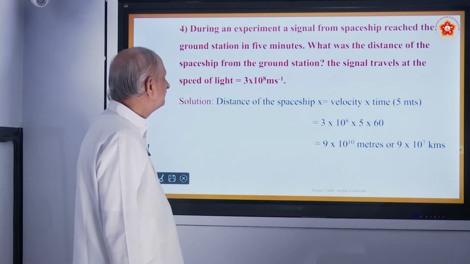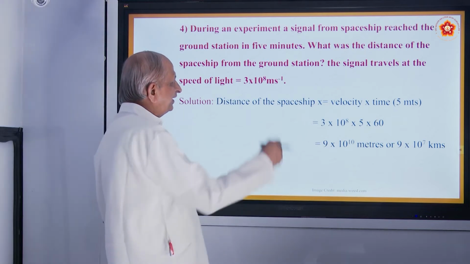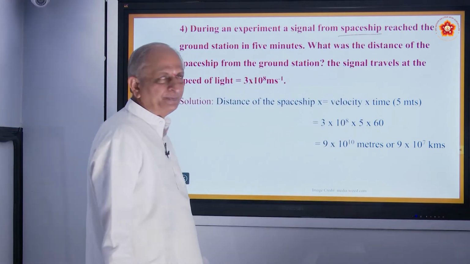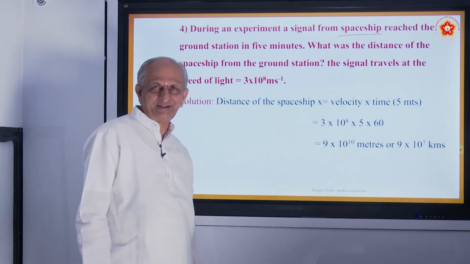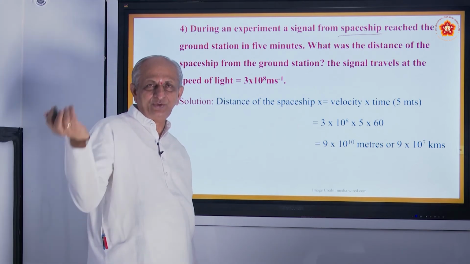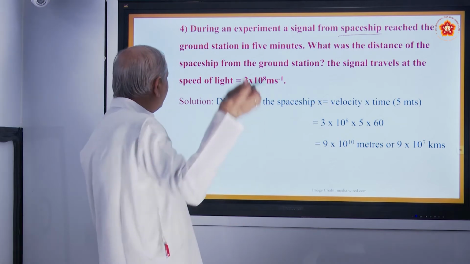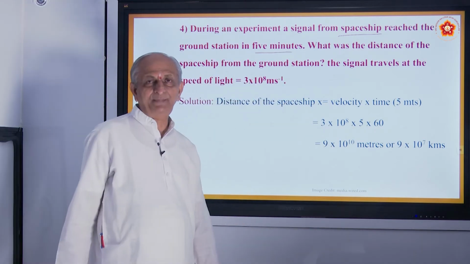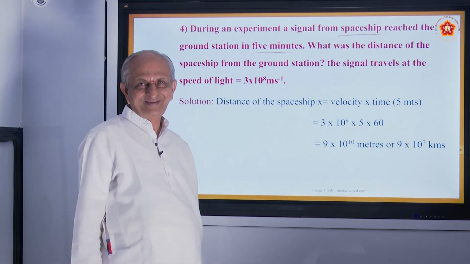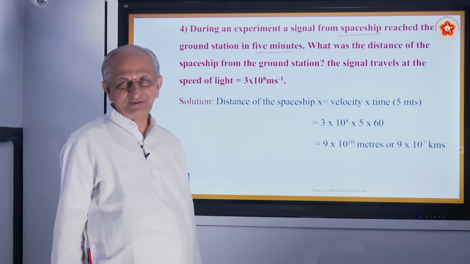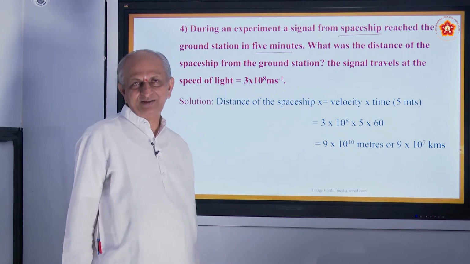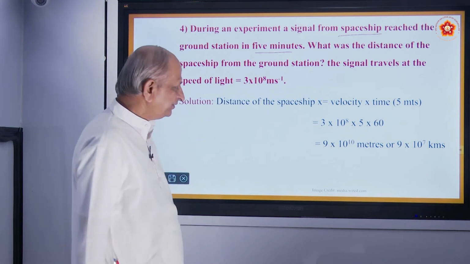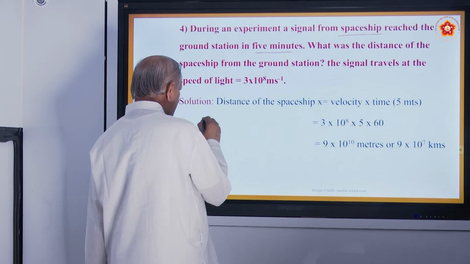Fourth assignment: during an experiment, a signal from a spaceship. What is a spaceship? Something like a satellite, and there are so many things like that. It reached the ground station in 5 minutes. It's a very beautiful experience. Can you name some of the spaceships? The first satellite launched by India was Aryabhata.